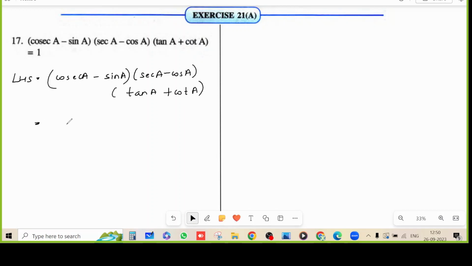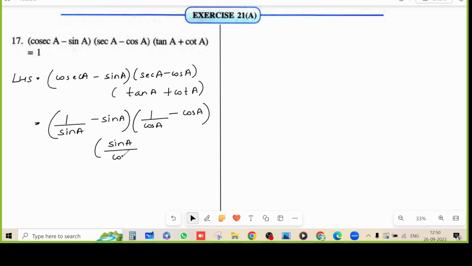So we know that cosec A is equal to 1 upon sin A. Then in the second bracket, sec A can be written as 1 upon cos A minus cos A, and the last one, tan A is equal to sin A upon cos A plus cos A upon sin A.